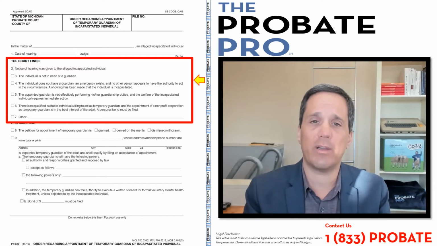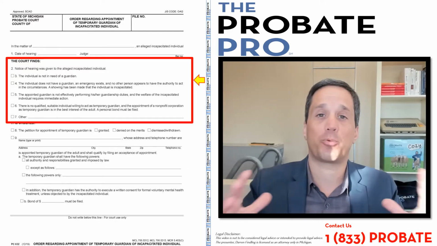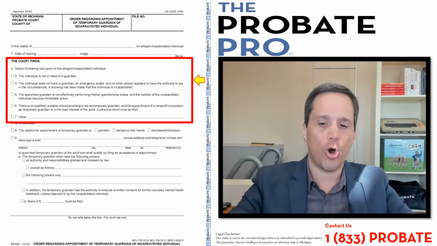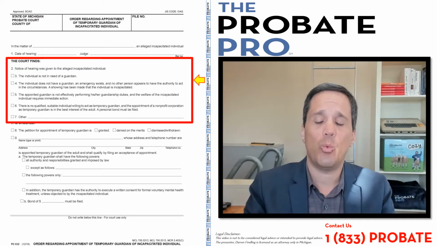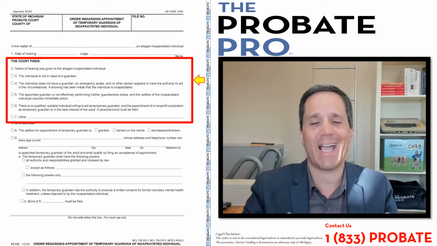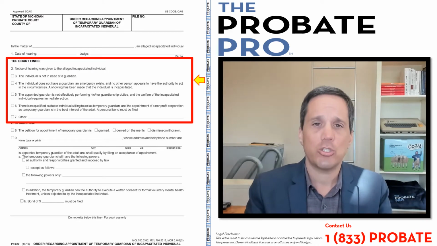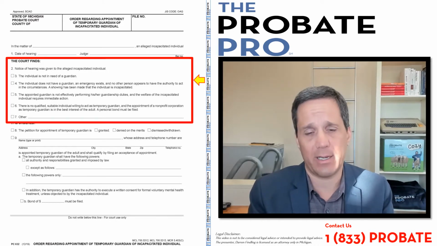So in a guardianship context with a full guardian, there is a lot more due process that's afforded because all the interested parties are provided notice. There is a hearing. With a temporary guardian, it's done in an emergency, often in expedited fashion. So in this particular case, notice must be given to the alleged incapacitated individual.